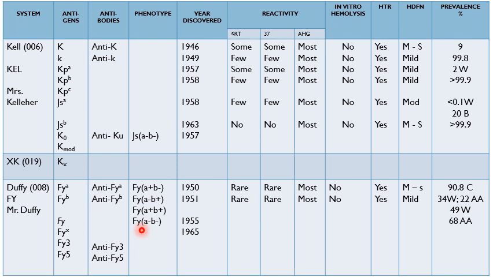In the year 1973, Colledge and co-workers discovered anti-FY5 from the serum of a child who died from leukemia. So take note, leukemia, so multiple transfusions again.